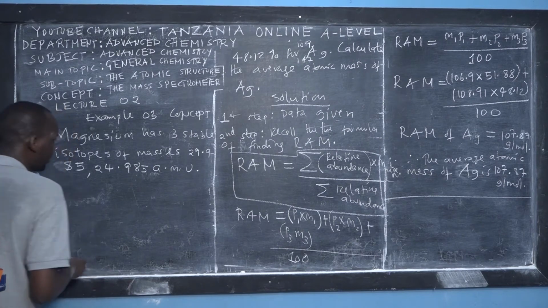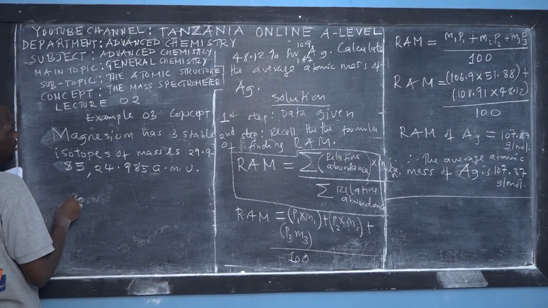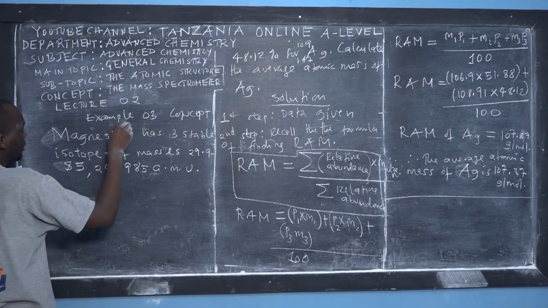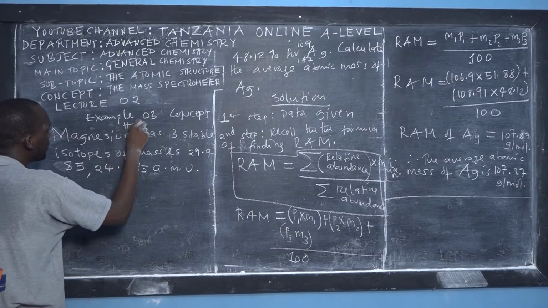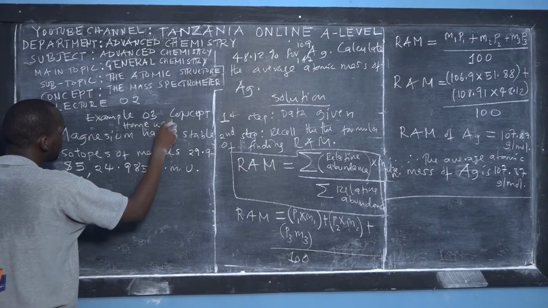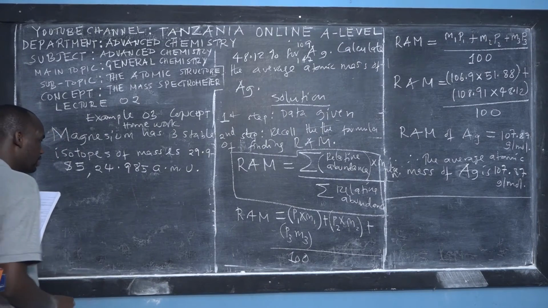The relative abundances of the 3 isotopes are 78.99, 10.00, and 11.01 respectively. I'd like to leave these questions as your homework. You have to try before we go for the lecture series.